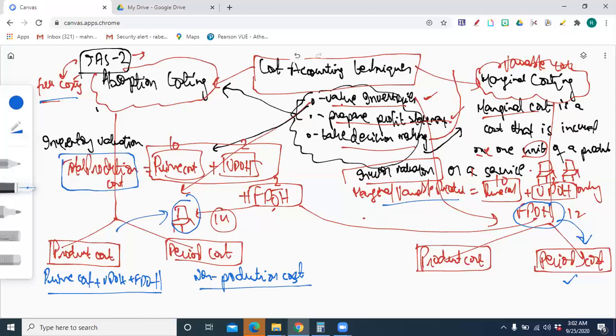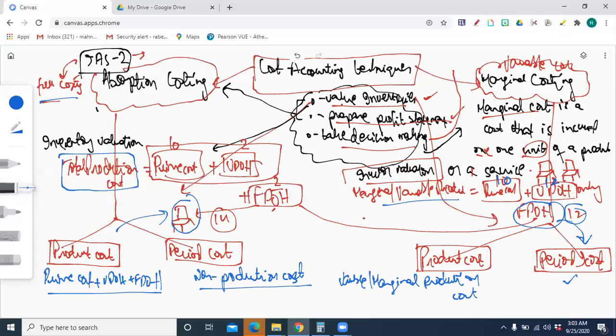Here, the value of a chair is 12, which is the marginal production cost. In absorption costing, the value of the chair was 14, which was total production cost. So in marginal costing, the variable production cost is the product cost.